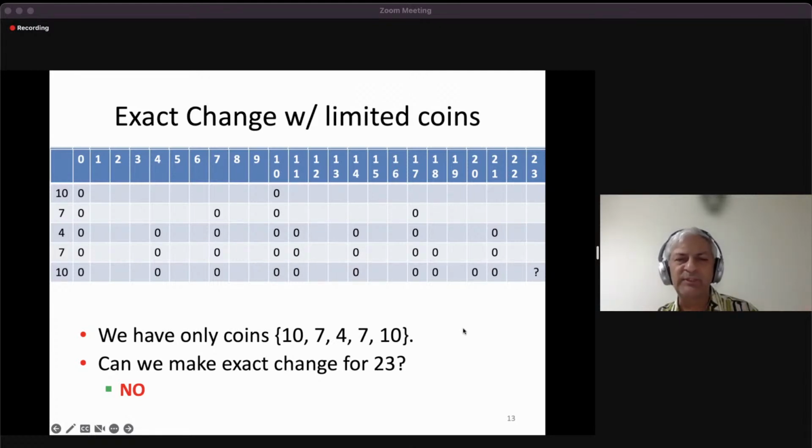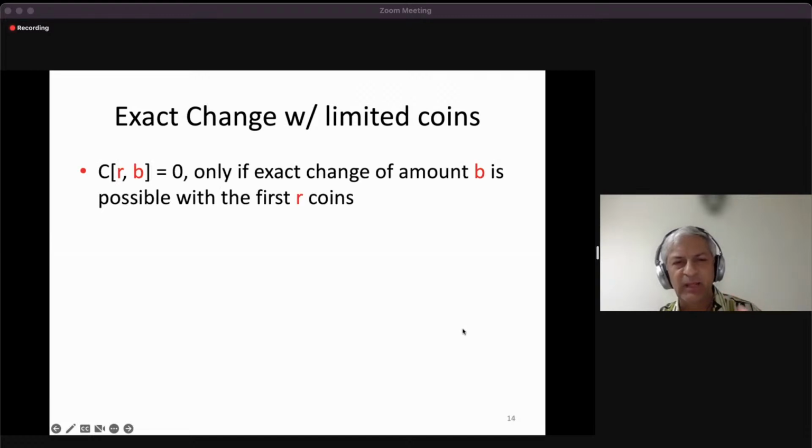Now, by the way, whatever we did here can be easily turned into an algorithm. And in order to write that algorithm, we're first going to write down some formulae which will tell you how an entry in the table can be filled. So if you look at row R and column B, and if we call this whole matrix matrix C, what this says is that C[R][B], in row R and in column B, the entry is 0 only if you can make exact change of amount B, and it's possible with the first R coins.